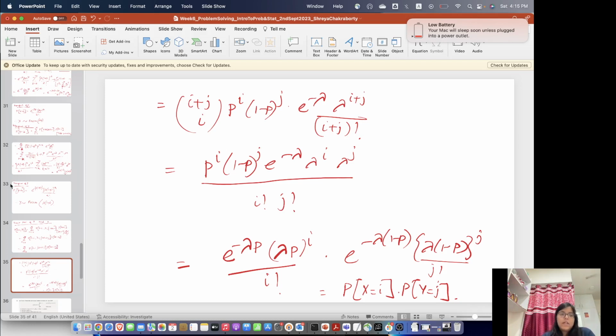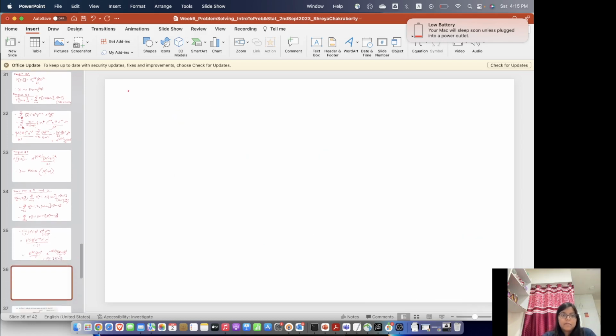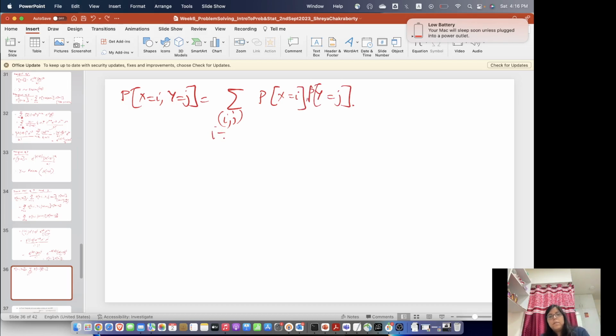So then we can write it as summation over i, j of probability x equal to i into probability y equal to j, given that i plus j equal to n, n equal to 0 to infinity.